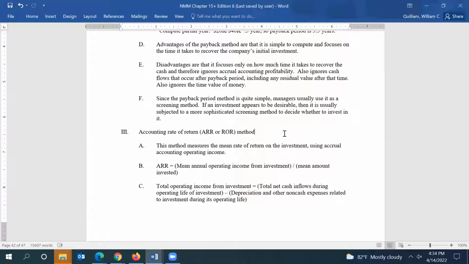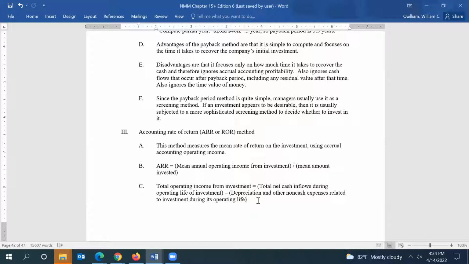For that mean operating income, we first have to calculate the total operating income from the investment, which equals total net cash inflows during the operating life of the investment minus depreciation and other non-cash expenses related to the investment during its operating life. Depreciation is the only one we've actually seen so far.